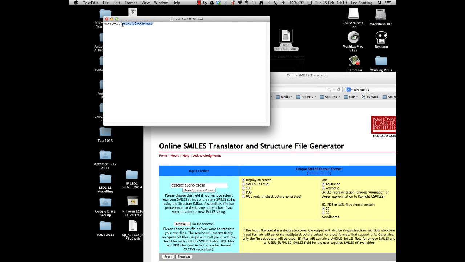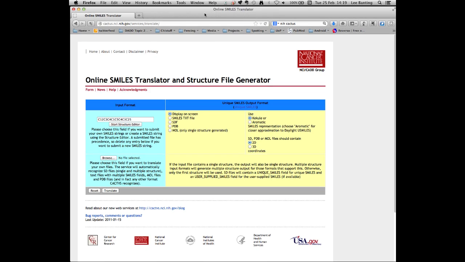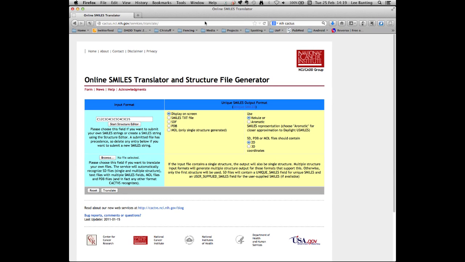Now, the corporate world, the drug industry wouldn't do this. They would have all online facilities as part of their routine tools, but we've got to use open source software to demonstrate a similar sort of approach. So I've pasted the SMILES string from the structure that I put into the 2D editor. I'm going to select a PDB format, which is a Protein Data Bank format.